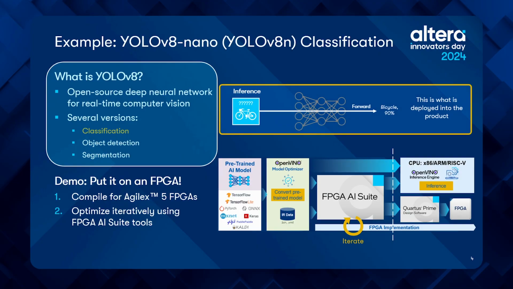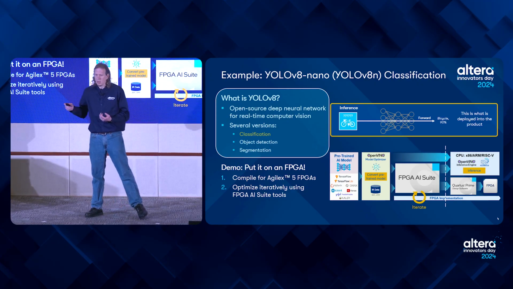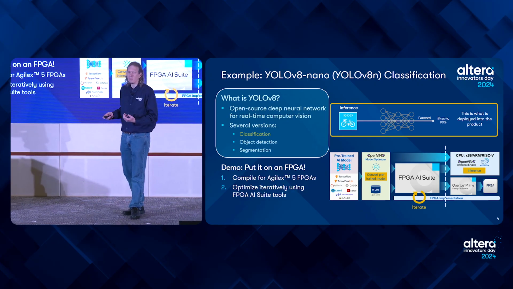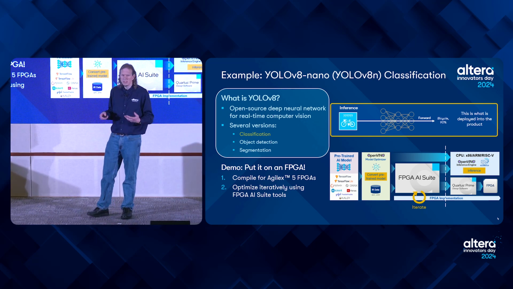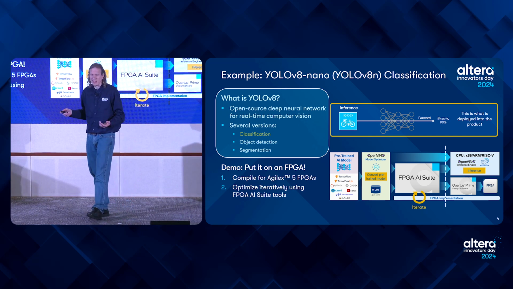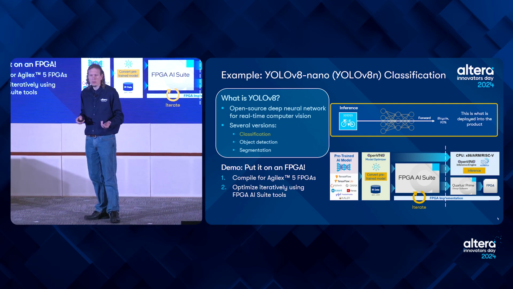Typically, a data science expert or a team of experts will select a machine learning model that is appropriate for the problem. YOLO V8 is a reasonably modern and well-known image network that can be used for classification, object detection, semantic segmentation, and even pose analysis. It's considered to be an open source network.